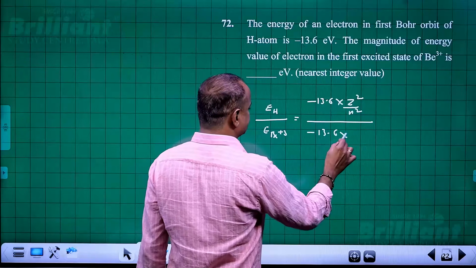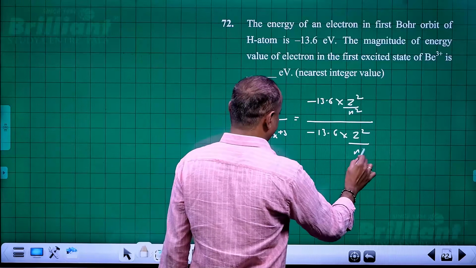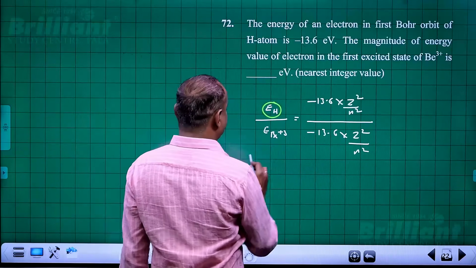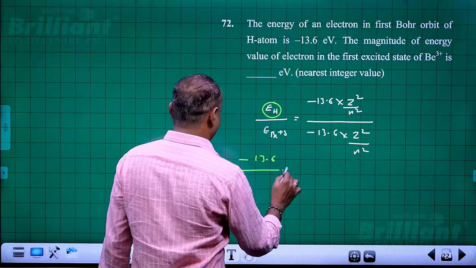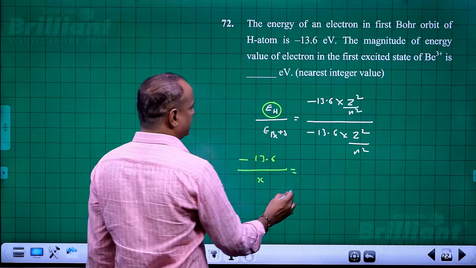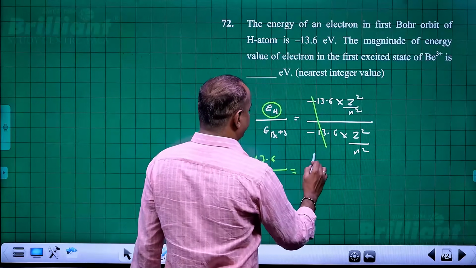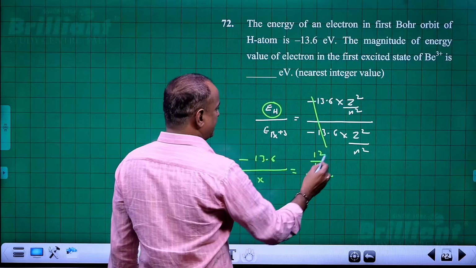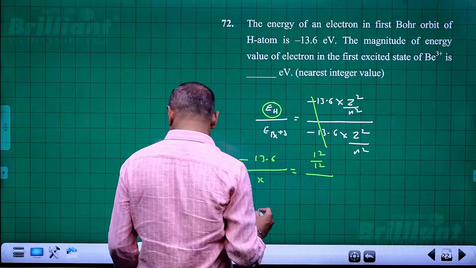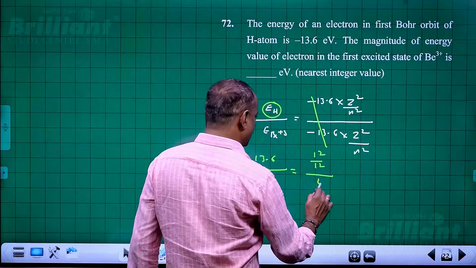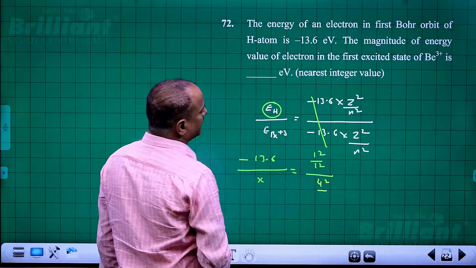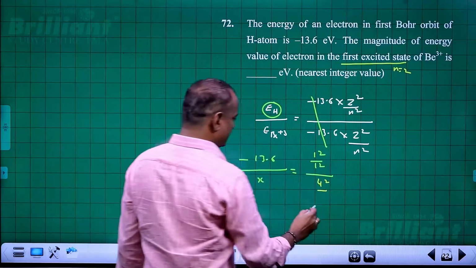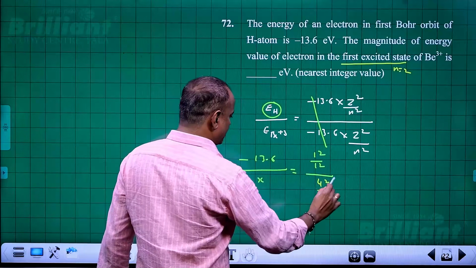This value is given, minus 13.6. Take this value X equal to Z square, 1 square by 1 square because ground level. This is Z of beryllium, 4 square, by which orbit? First excited means N value 2, 2 square.